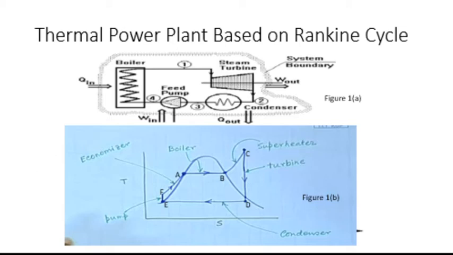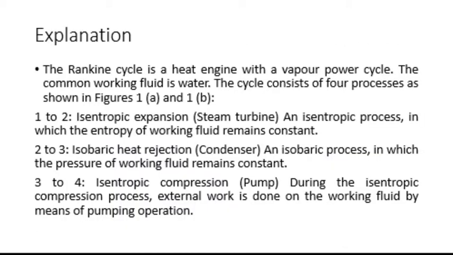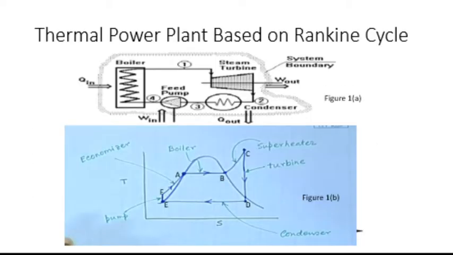So again, discussing the figure 1a, some points have been written in the next slide. First we'll discuss that, and then we'll come back to figure 1b. So again you should remember that block diagram. We are discussing the part between 1 to 2, which is known as isentropic expansion. What is isentropic expansion?